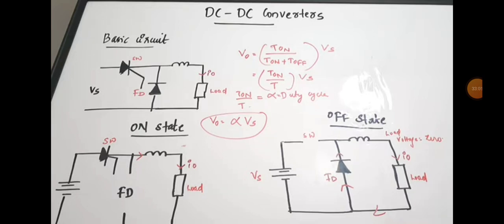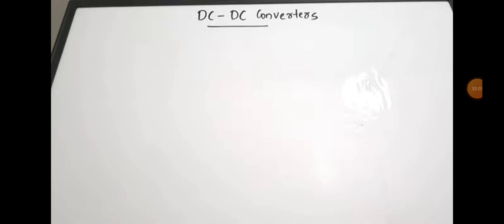Next we are going to discuss the classification of DC to DC converters or choppers. Here the classification is done based on the output voltage level. Again, there are other classifications based on the triggering mechanism of the SCR and so on, but here we are only discussing the classification based on the output voltage level, whether it is higher or lower.